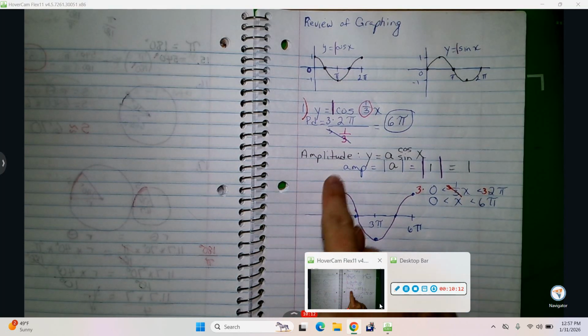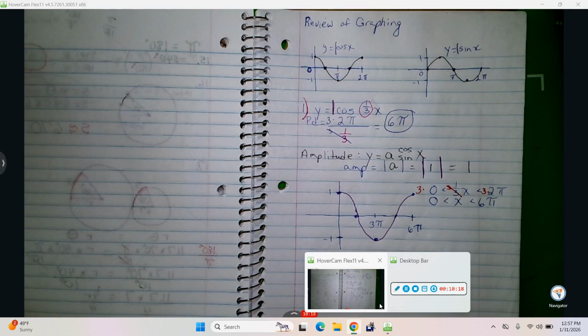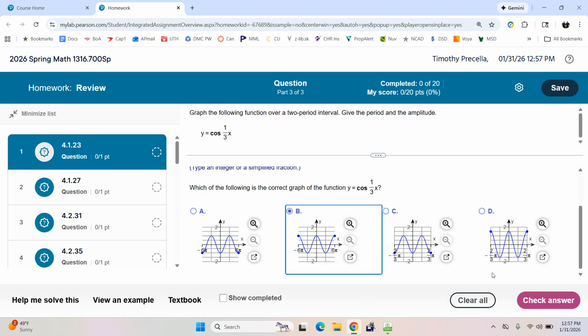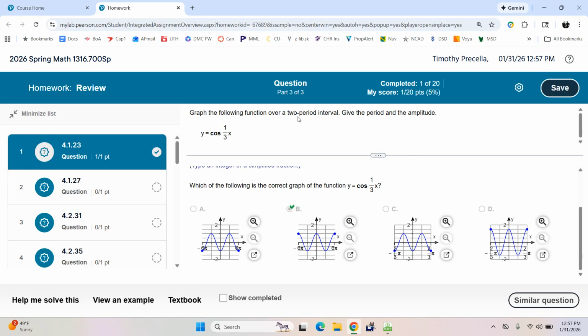Okay, let's look right out here and here. Which one has this shape? Now they drew it more than just 0 to 6 pi. Looks like they went negative 6 pi to 6 pi. Oh, I just noticed. It says graph it over a 2-period interval. I just drew one.